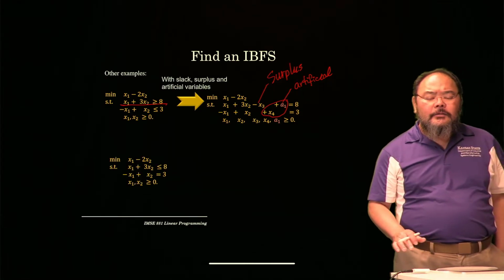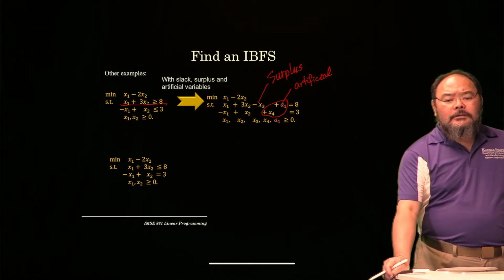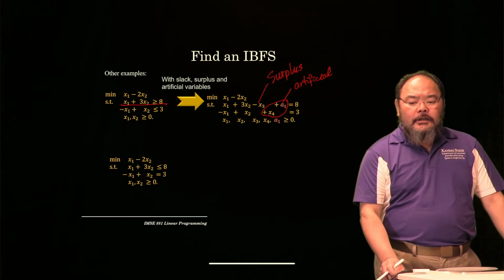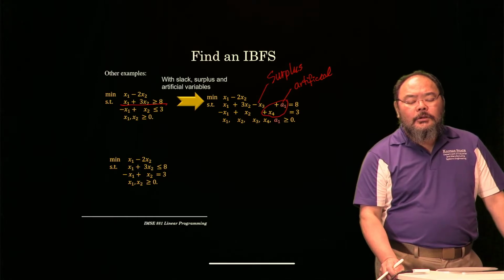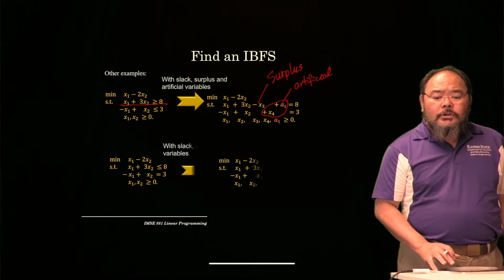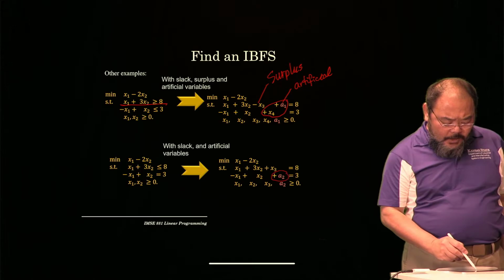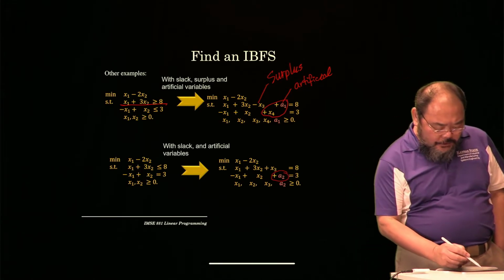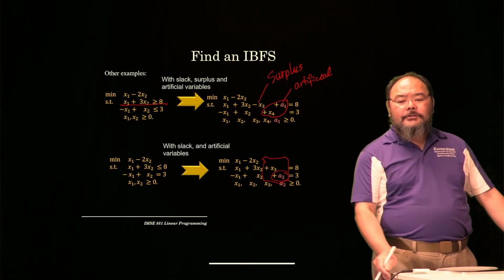Let's look at the other one. This one doesn't have a greater than or equal to constraint. However, we have an equality constraint, negative x1 plus x2 is equal to 3. In this case, we're simply adding an artificial variable x4, so therefore we have an initial basis right here.